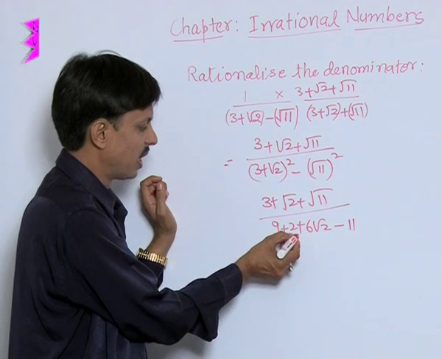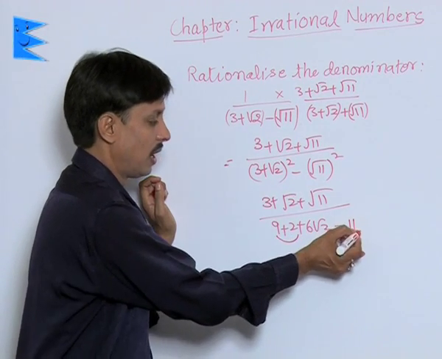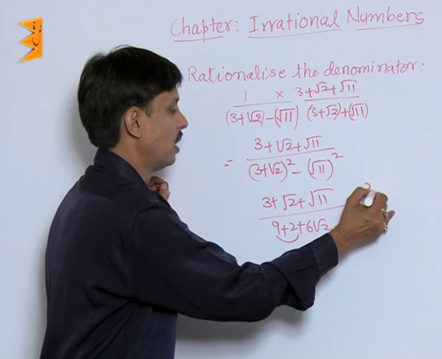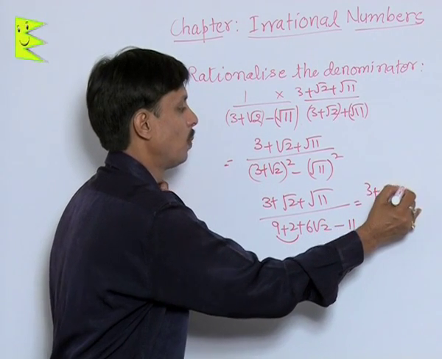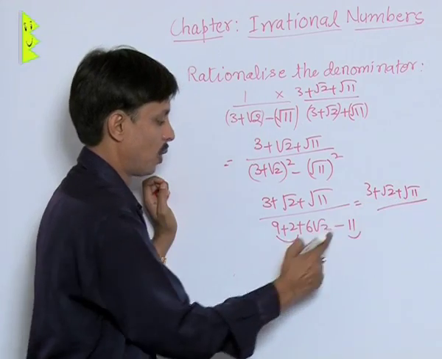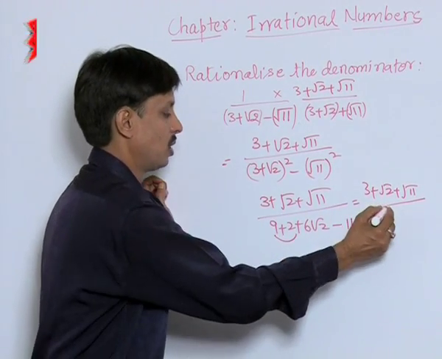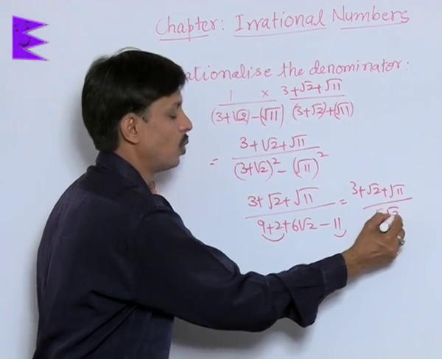Here 9 plus 2 is 11 positive and this is negative, so they cancel. There will be 6 root 2.